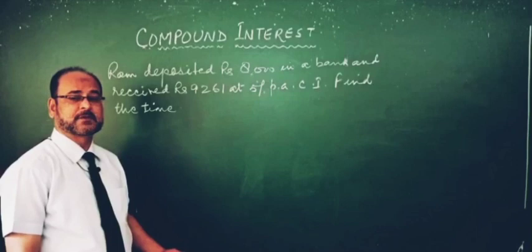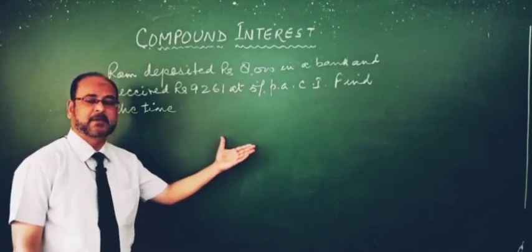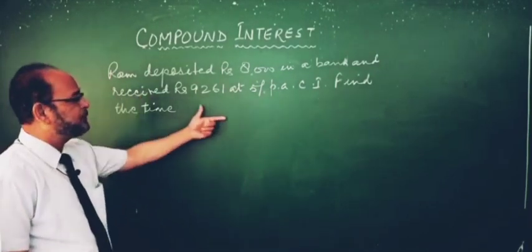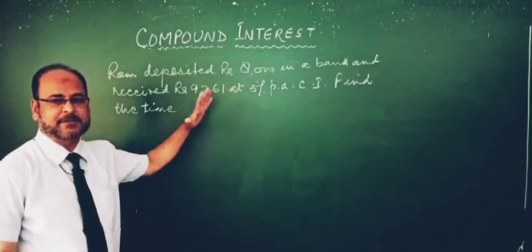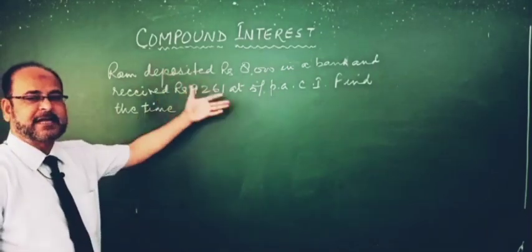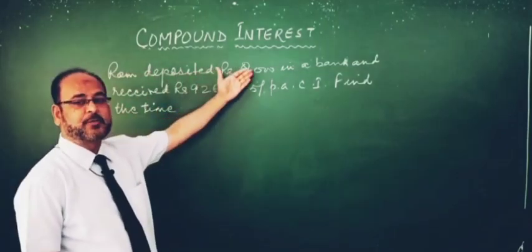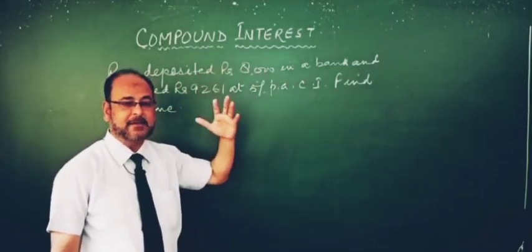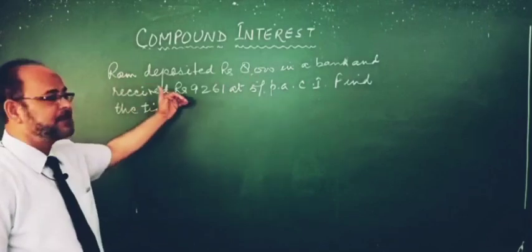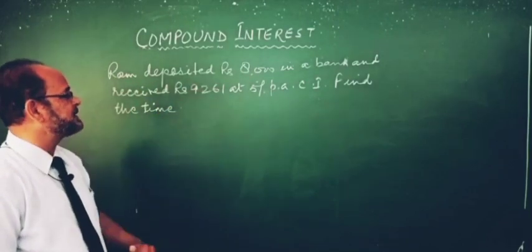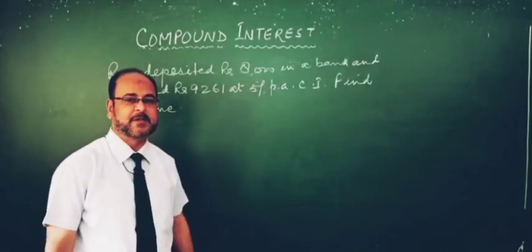Students, let's take another example in which we have to find the time. Here in this example which I have taken, the time is missing. Question says that Ram deposited rupees 8,000 in a bank and received rupees 9,261 at 5% per annum CI.